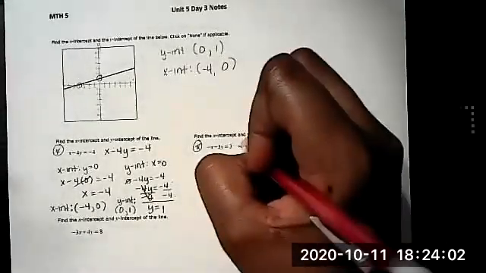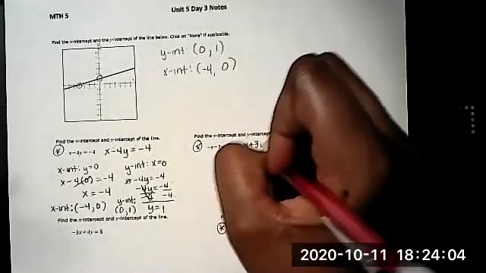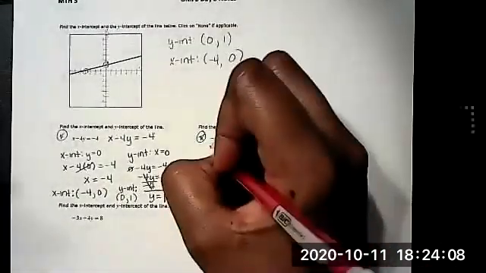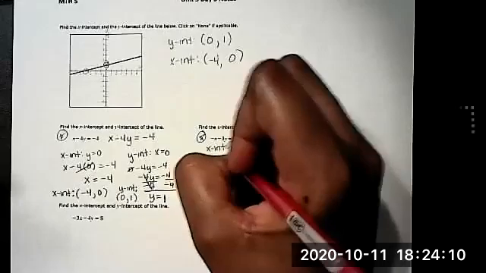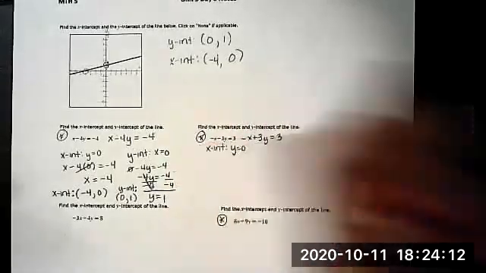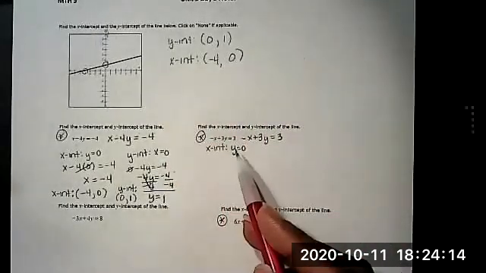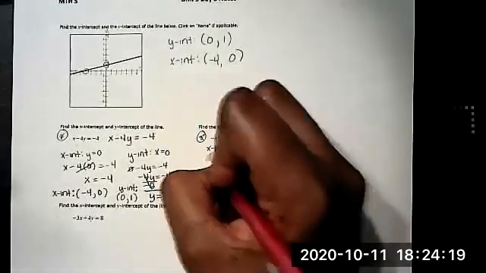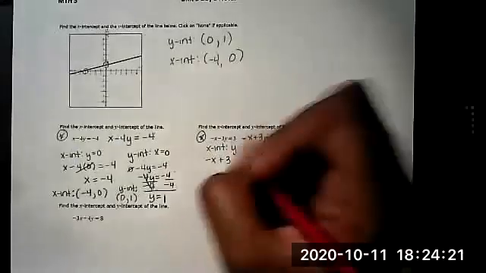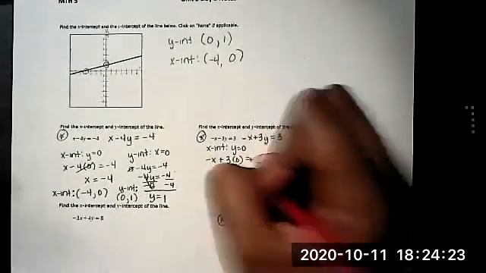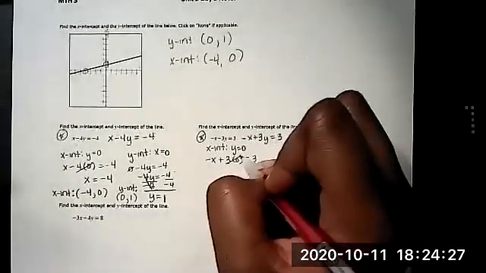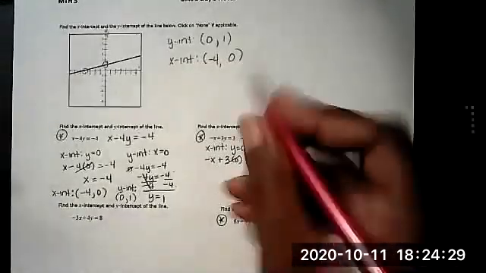All right, over here: -X + 3Y = 3. For X-intercept, like I said earlier, Y is equal to 0. So in this equation, I'm going to replace Y: -X + 3(0) = 3. That goes away because it becomes 0.